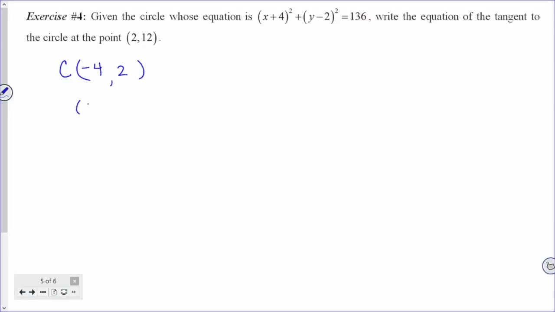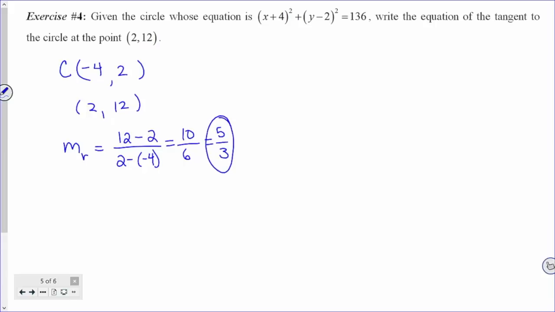Now, I need to find the slope of the radius that connects this and this. So I'm going to just write down my point (2, 12), and the slope, maybe of the radius, maybe I'll put a little sub r there, will be (12 - 2) divided by (2 - (-4)). 12 minus 2 is 10. 2 minus -4 is 6, and if I reduce those, I get a slope of 5/3.